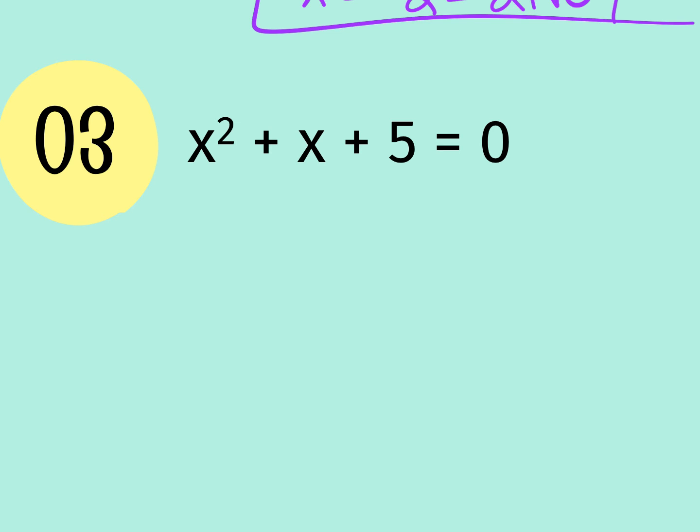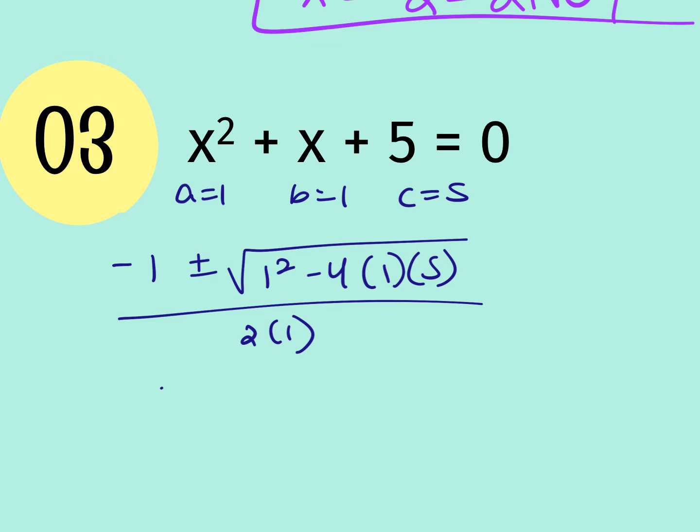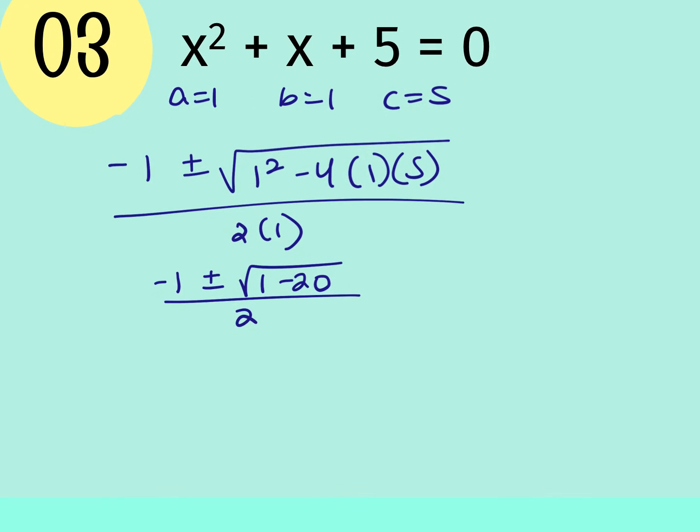So a is 1, b is 1, and c is 5. Negative 1 plus and minus the square root of 1 squared minus 4 times a times c, all over 2 times a. I get negative 1 plus and minus the square root of 1 minus 20, over 2, negative 19.